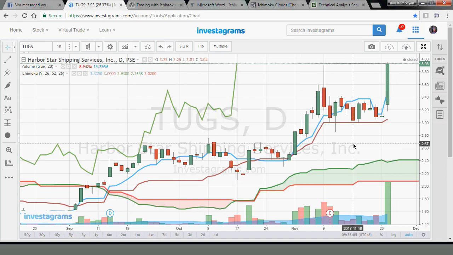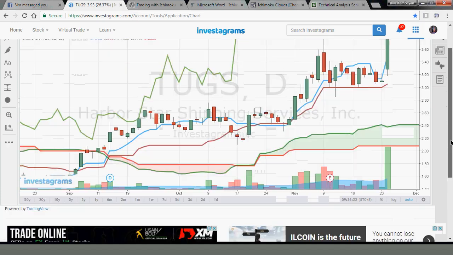Again, when the price is above the cloud, that means that the stock is bullish. As simple as that. Kasi I hope na you're already familiar with the support and resistance. Kung nasa taas na si price, ito yung nagiging support. Itong cloud na to, nagiging support na to ni price. That is bullish when it is above the cloud.